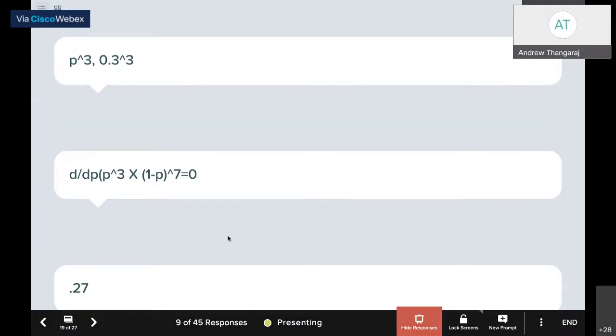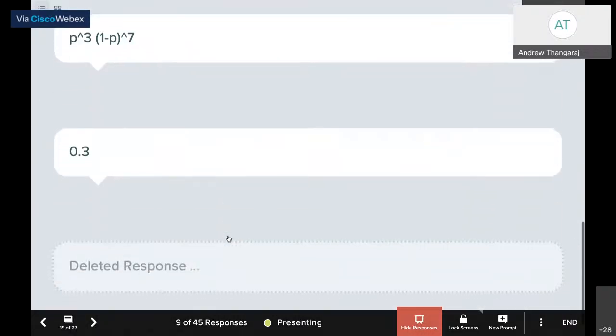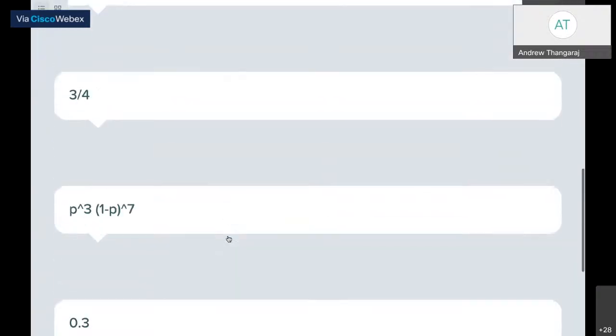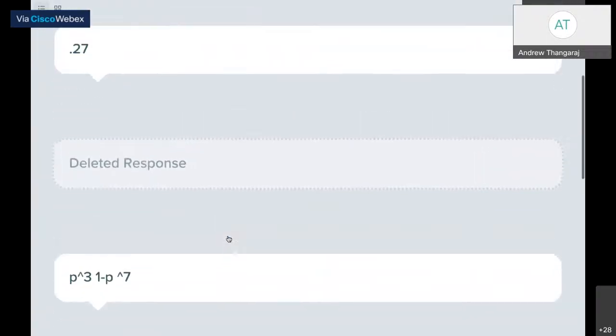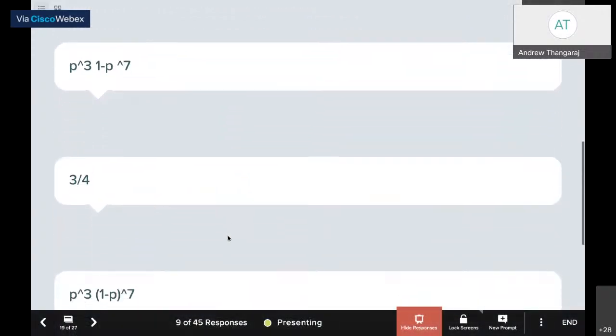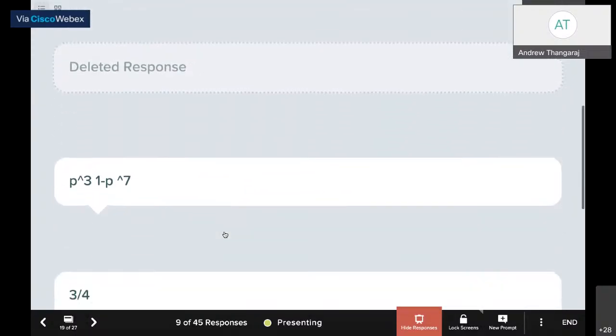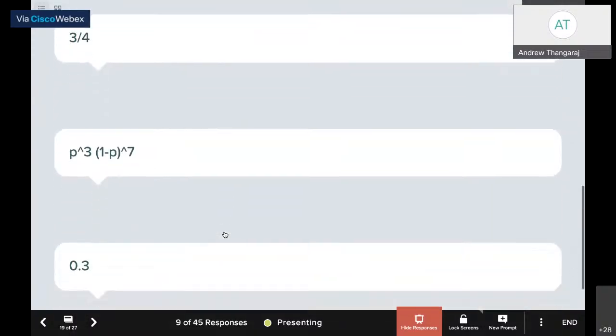Okay, looking at responses, p power 3 and so on is wrong. Okay, so p power 3, 1 minus p power 7. Okay. So that looks correct to me. It's a correct likelihood function.